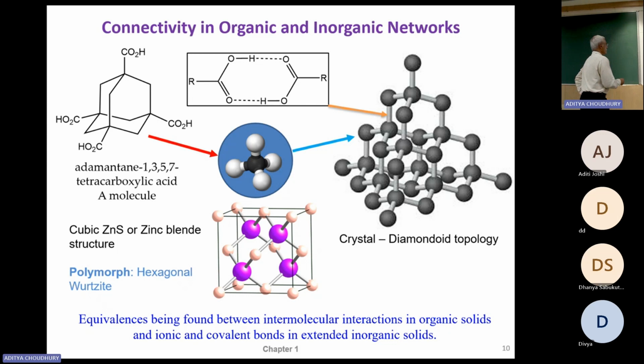I'm just showing you here. This is an adamantane tetracarboxylic acid. Usually carboxylic acids form a dimer, something like this. So if you represent this adamantane like this methane compound, you can determine the crystal structure of adamantane tetracarboxylic acid like this, where this acid hydrogen-bonded dimer is shown with this bond, and this one is adamantane, as shown here.